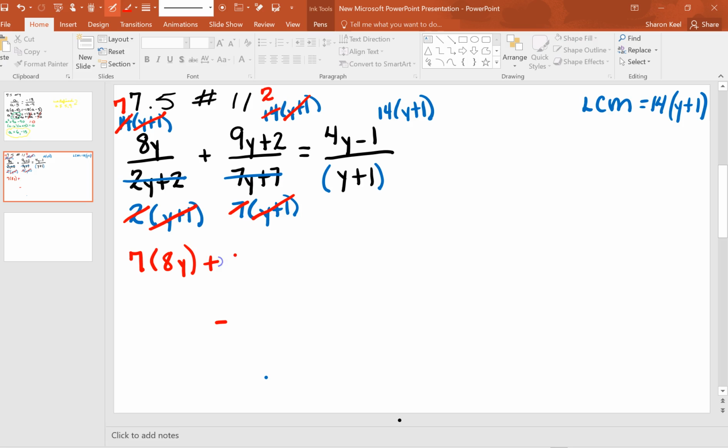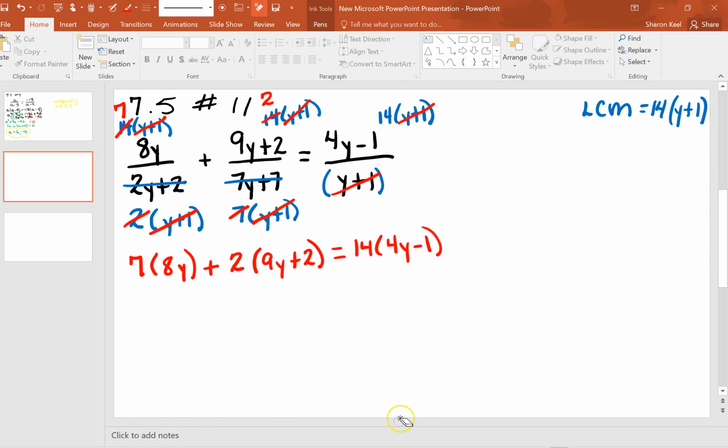So I have my plus. I'm going to use the number 2, which is all that I had left. And then I have 9y plus 2. At the end, it's the y plus 1 that cancels. I'm left with 14 times 4y minus 1. Let me get rid of these stray marks here.